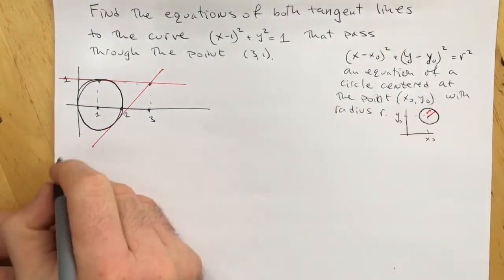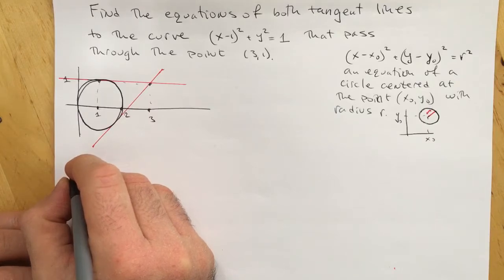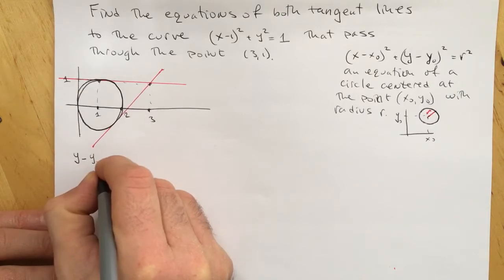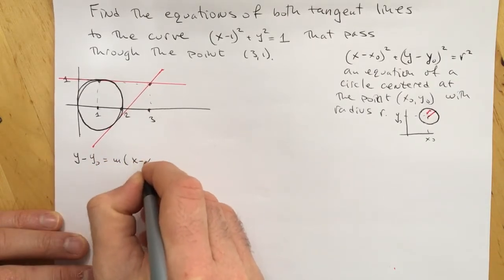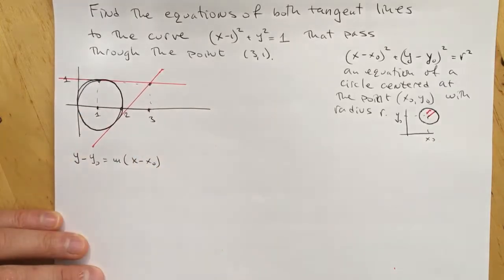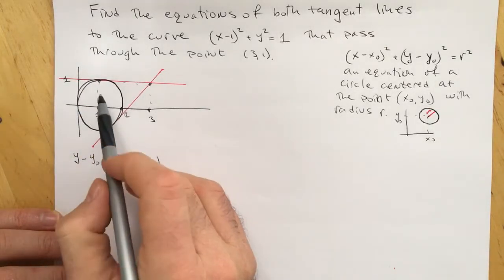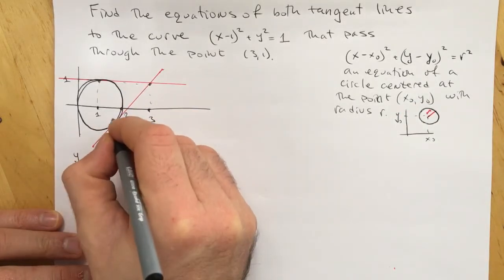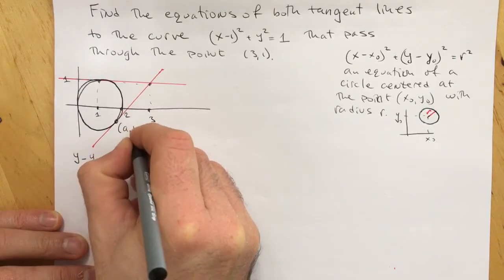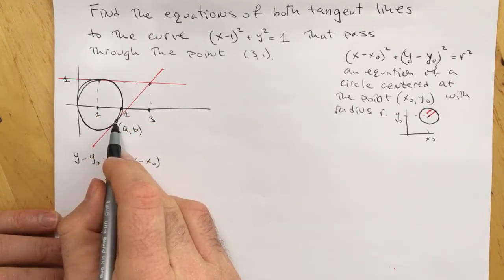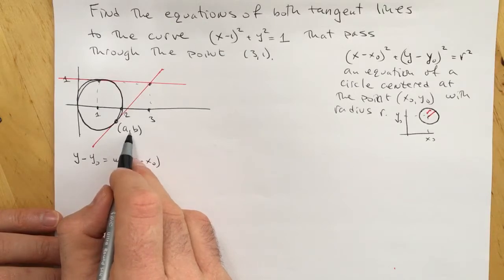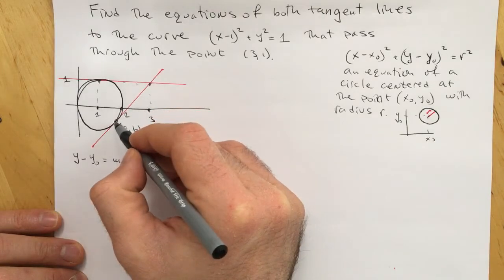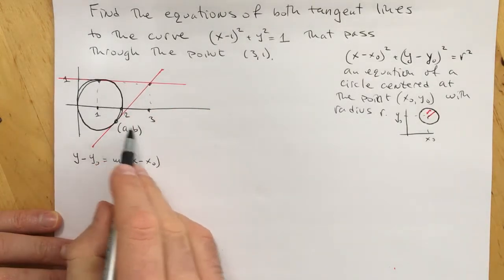We know that the equation of the line is given as y − y₀ = m(x − x₀), where x₀ and y₀ belong to the curve. Now, in order to avoid confusion between this equation and the circle equation, I will call this point on the curve (a, b). This is some point that we have to figure out. That's the whole idea: finding the point on the curve where the tangent line touches it.